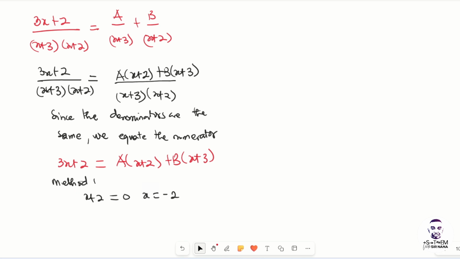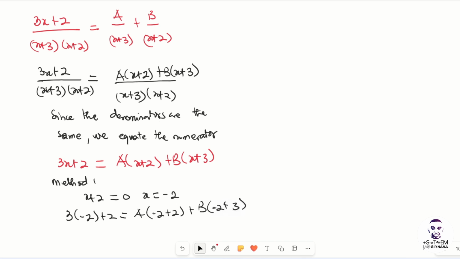And then we substitute x equals negative 2 in place of x in the equation. So that implies that we are going to have the expression 3 multiplying negative 2 plus 2 equal to A, negative 2 plus 2, plus B, negative 2 plus 3.